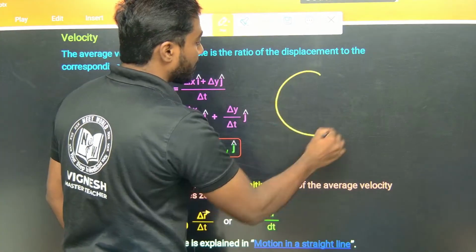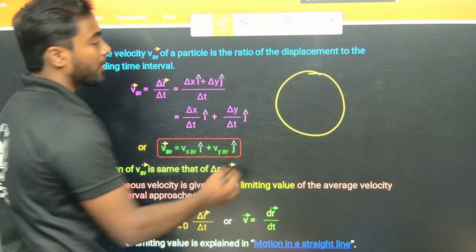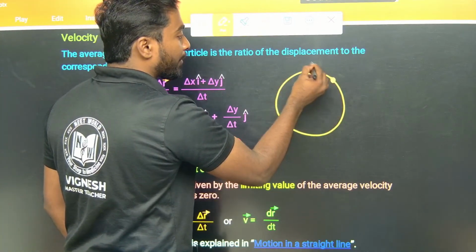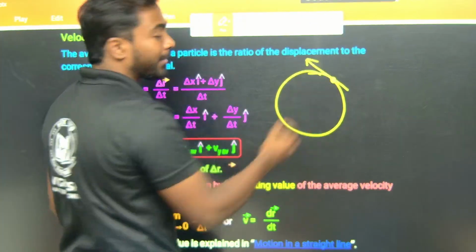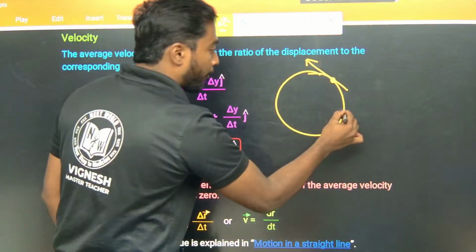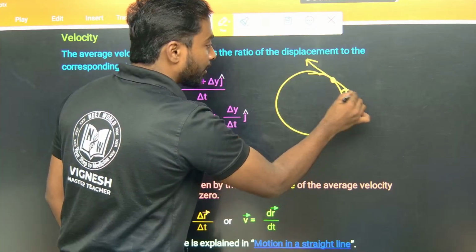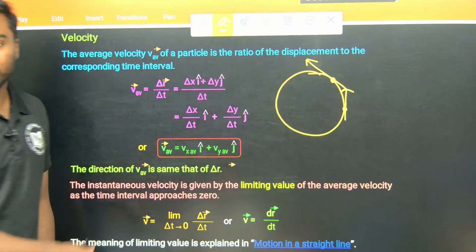Suppose this is my circular motion. If I take a point in this case and draw a tangent, this is my direction of the velocity. If I take a point here and draw the tangent here, this is my direction of the velocity.